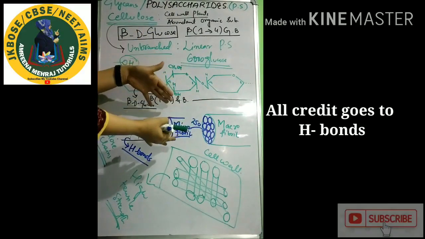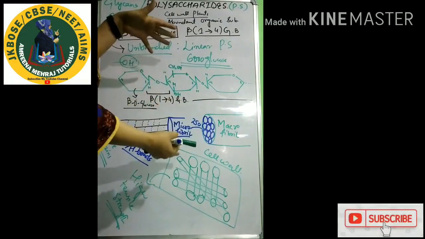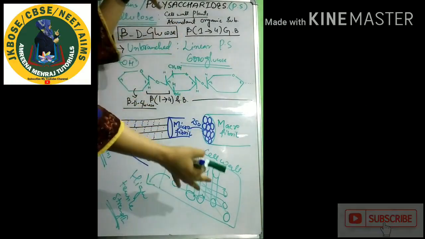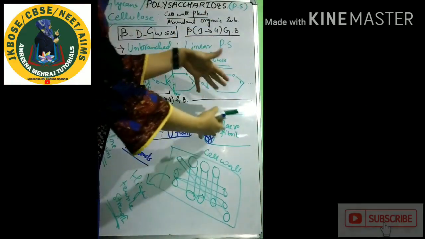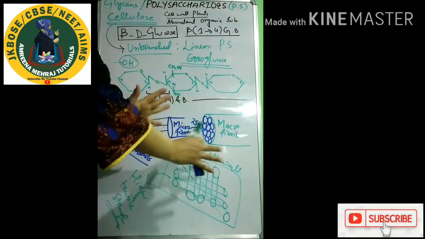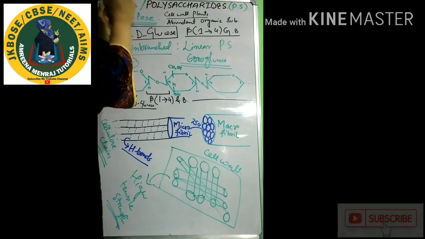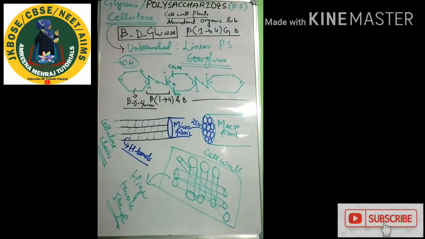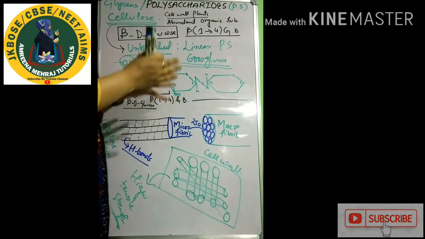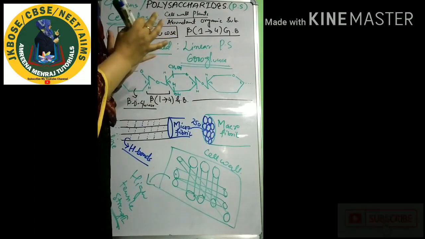Further, these chains are getting compact in the form of microfibrils. They are further compacting in the form of macrofibrils, and those microfibrils are getting arranged in different orientations, giving rise to the actual cell wall of a plant. So that's why we say that cell walls are very rigid and very tough structures.